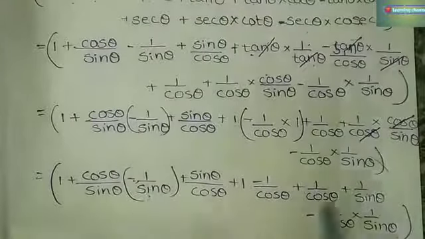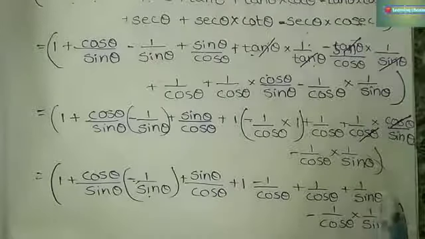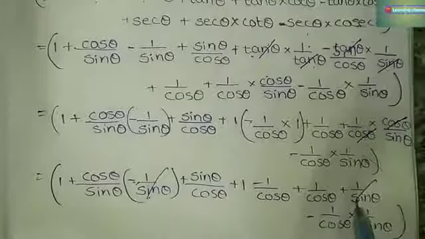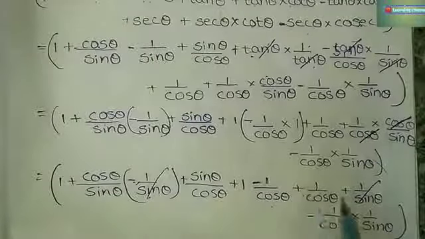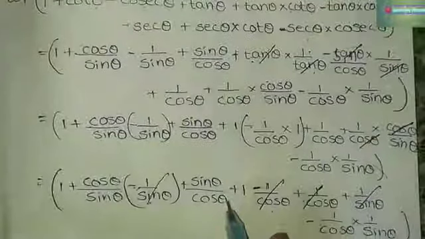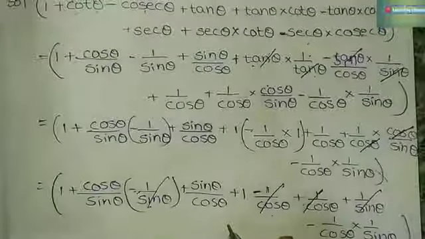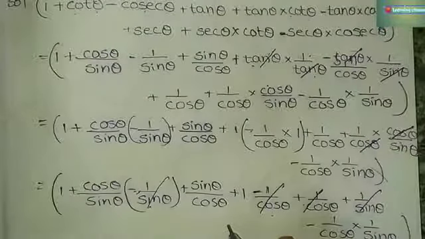We know that from trigonometric identity, sin square theta plus cos square theta is equal to 1. Here we have cos square theta plus sin square theta. Here also we have sin square theta plus cos square theta. So 1 plus 2 sin theta cos theta plus 1 minus 2 sin theta cos theta. Plus 2 sin theta cos theta cancel and minus 2 sin theta cos theta cancel. So the answer is 2.